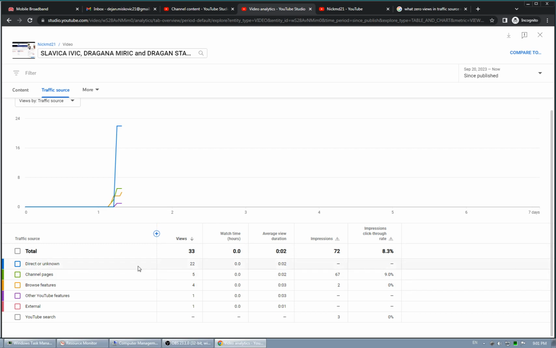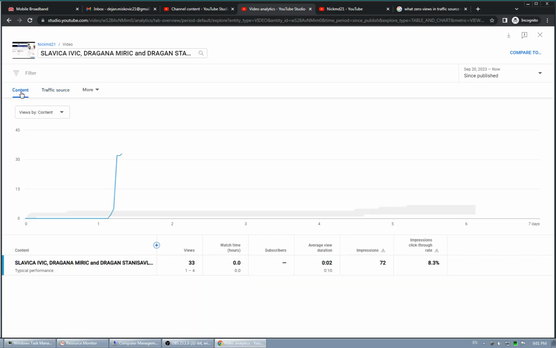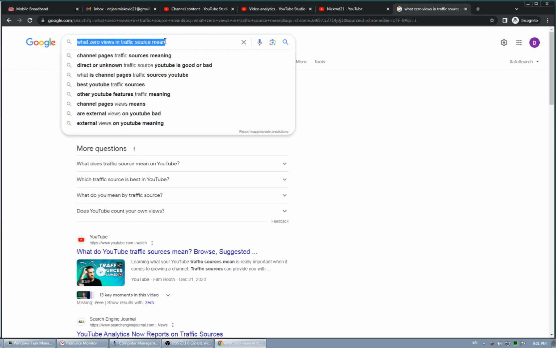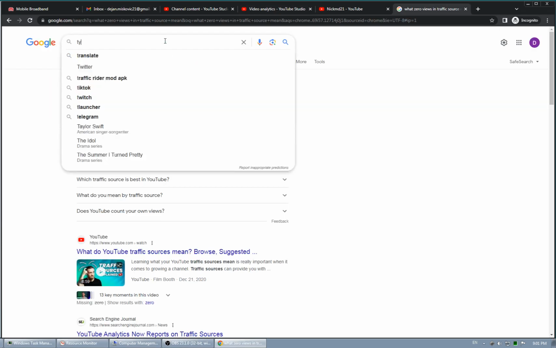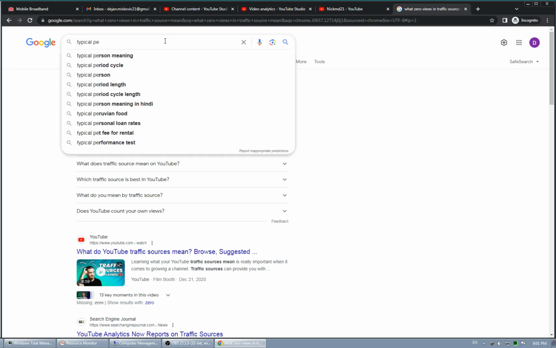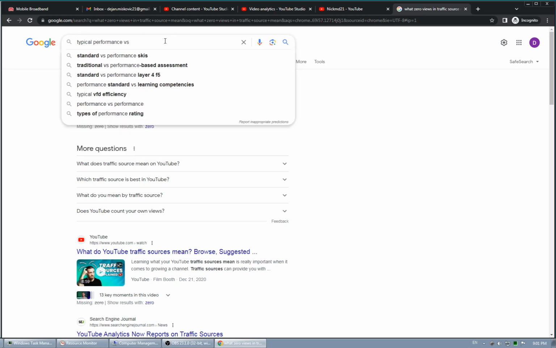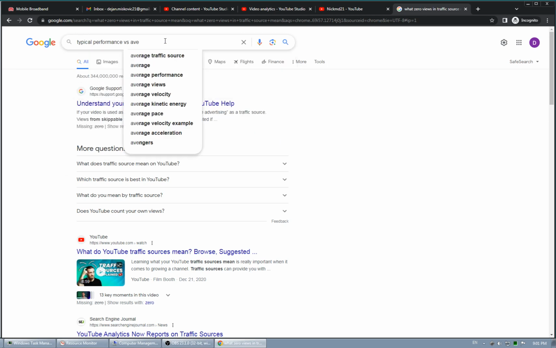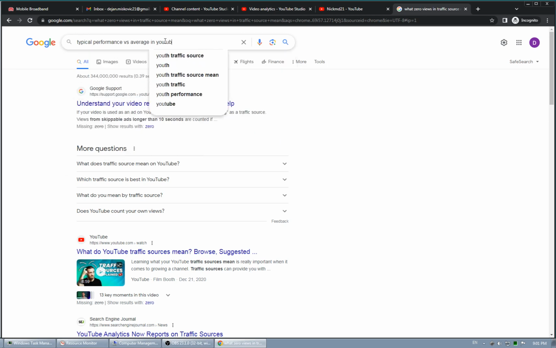So typical performance, and I need to check out this. So typical performance versus average in YouTube advanced mode analytics.